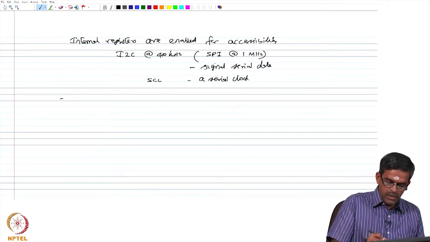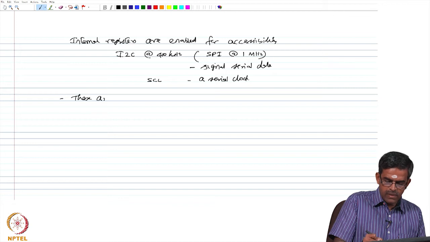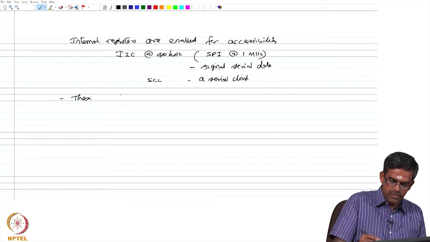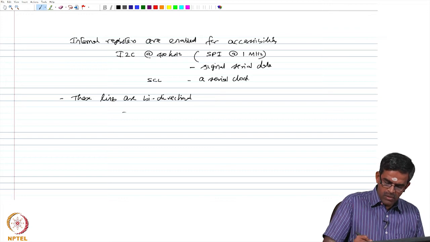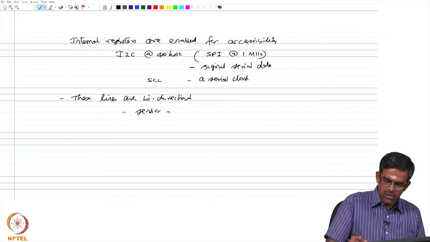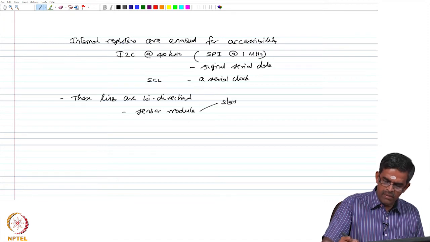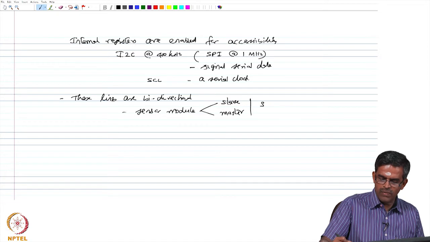Now, these lines are bidirectional. Therefore, the sensor module can either act as a slave or as a master. So, that is what we call scalability.